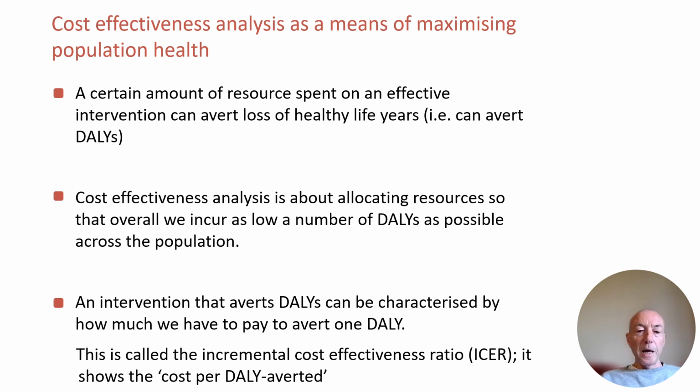Cost effectiveness analysis is about allocating resources to health interventions so that we incur overall as low a number of DALYs as possible across the population. An intervention that averts DALYs can be characterized by how much we have to pay to avert one DALY. And this is what we call the incremental cost effectiveness ratio. It shows the cost per DALY averted of having that intervention in place.